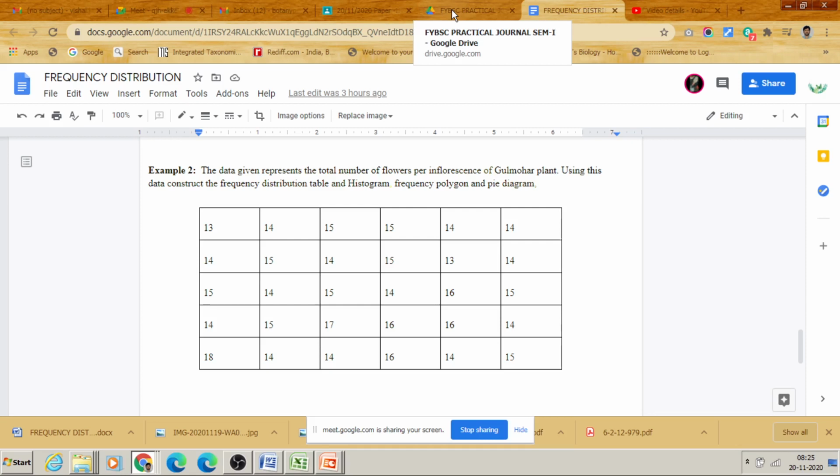Who else? So we have to draw the histogram, polygon, everything, right? Yeah, along with the table. You take your own time. I have kept the video for you, available in your Google Classroom, so at any time you can use it.